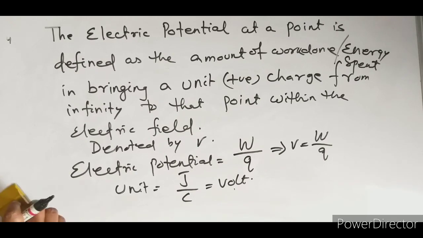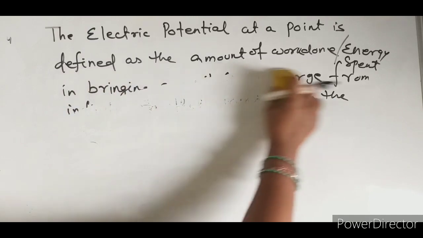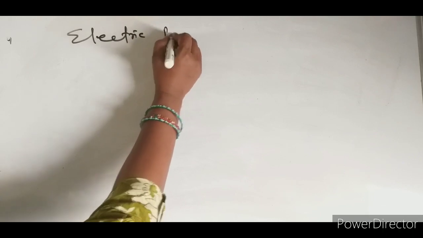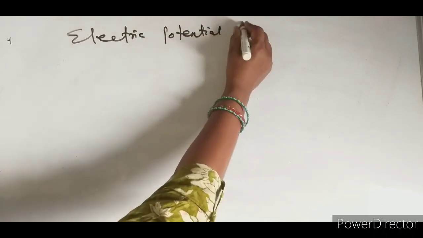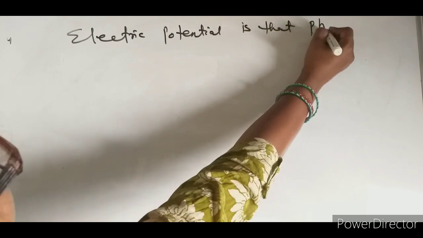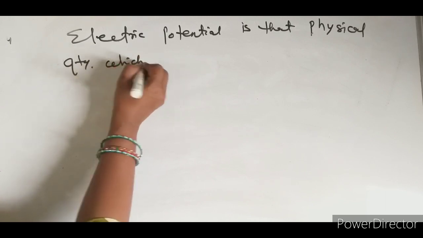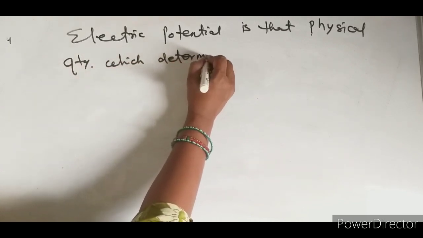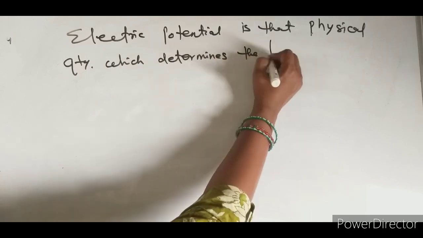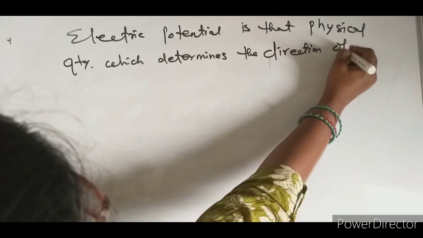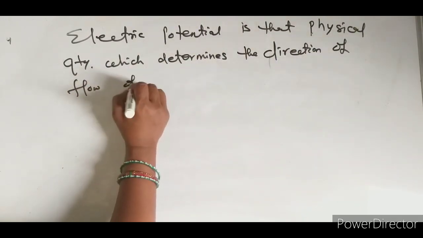And this is very interesting. Electric potential is that physical quantity which determines the direction of flow of current.